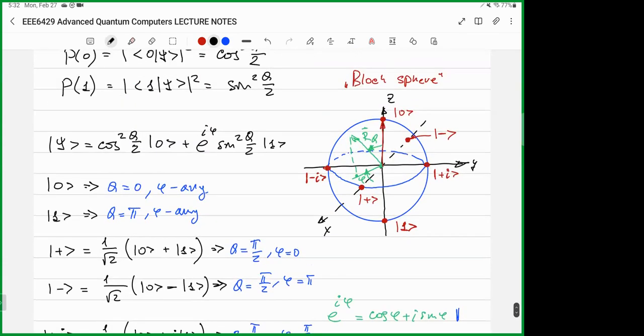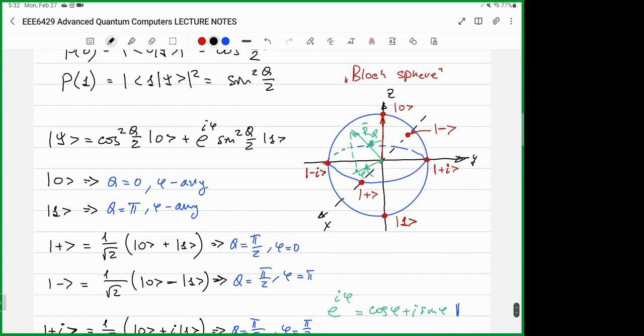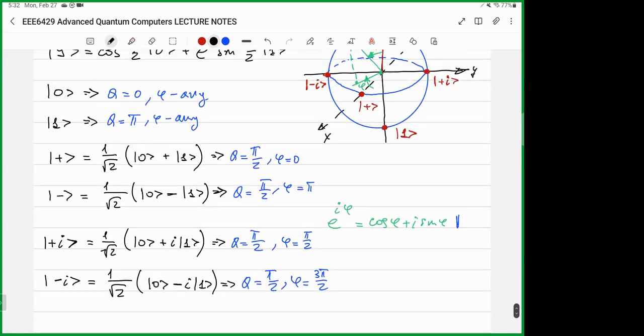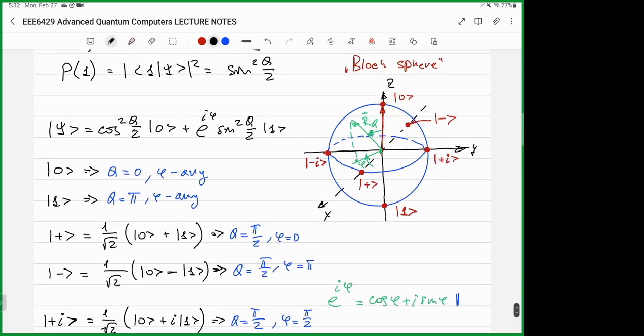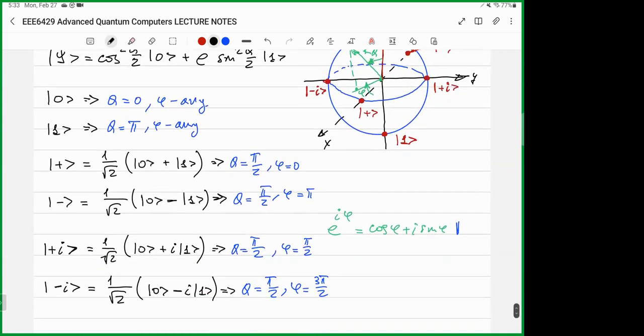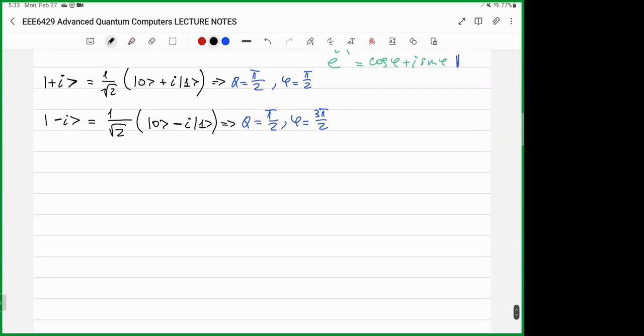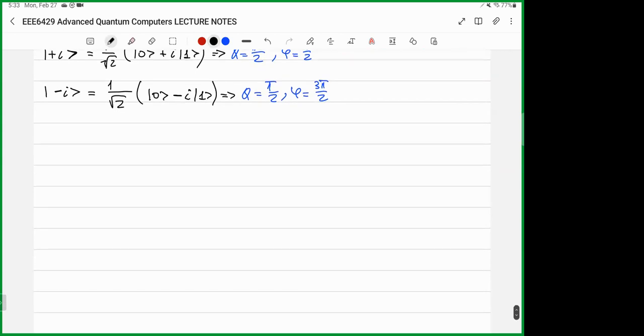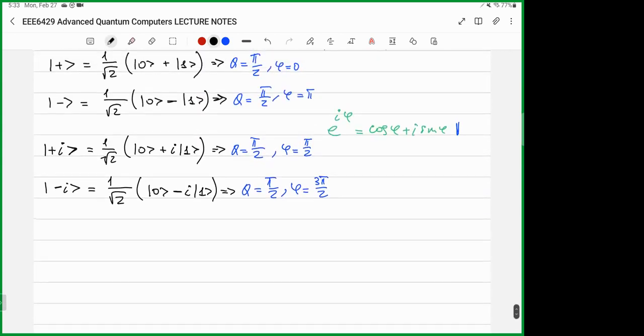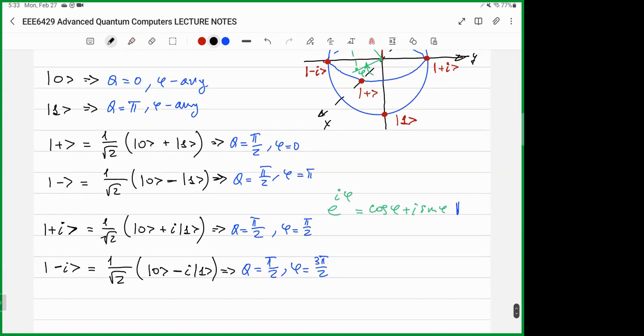Yeah, by the way, an important point to mention here is that the Bloch sphere is not the Hilbert space, obviously. Because, for example, in Hilbert space, these states 0 and 1, or plus and minus, are orthogonal.